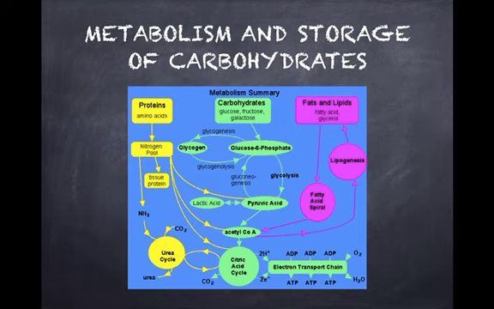Acetyl-CoA can go straight into the Krebs cycle, and through the Krebs cycle, oxidation of the fatty acids yields way more ATP. It's way more efficient to produce ATP than is glycolysis.